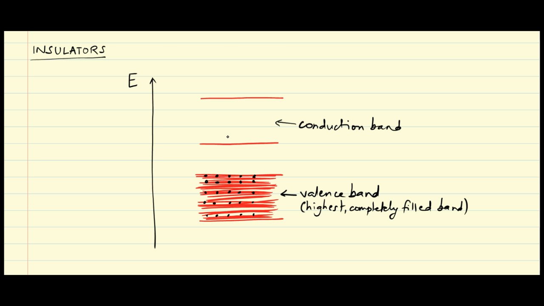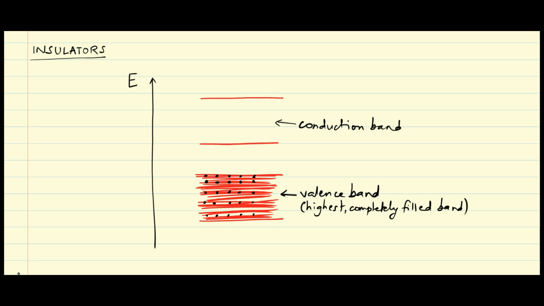And in this diagram, the only empty energy states which are available for an electron to move up are present in the conduction band, because the valence band, as you know, is completely filled, which means that for an insulator to conduct electricity, these electrons over here must move up into the conduction band, and the energy needed for them to move up is to be provided by the electric field which you apply to the insulator.